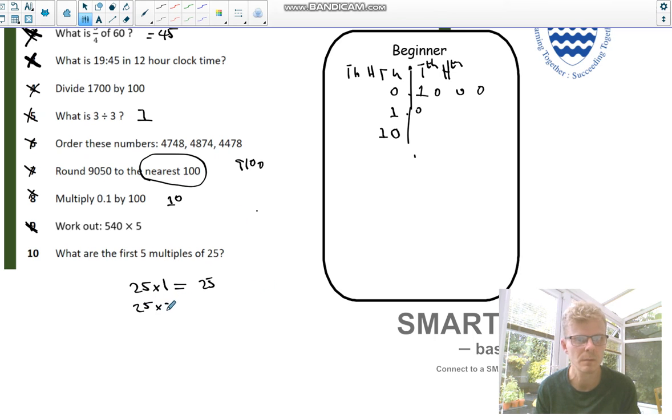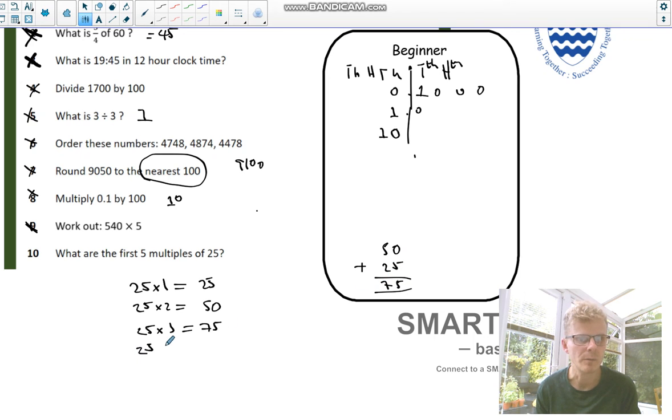So 25 times 2 is 50, or 25 add another 25. If I then add another 25 to that, we get to 75. If you're struggling with the jumps, just take your previous number, pop a 25 under it, and then do the addition. So 0 add 5 is 5, 2 add 5 is 7, there we go.